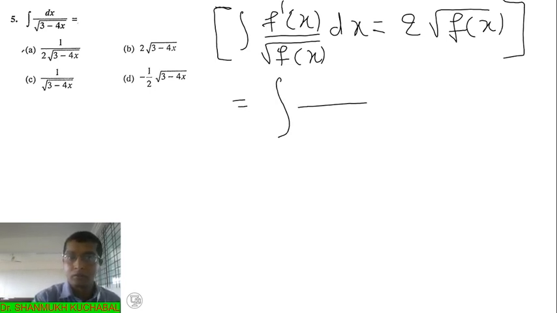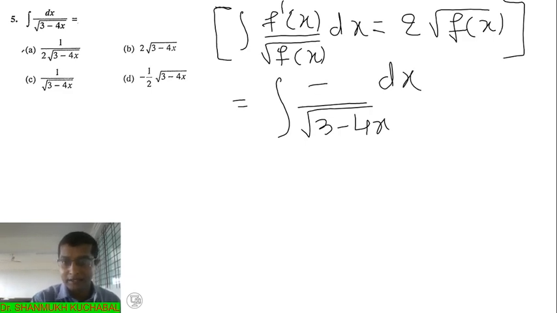Further, the integration of root of 3 minus 4x dx. The differentiation of 3 is 0, minus 4 as it is, and the differentiation of x is 1. In the previous example it was 1, but here it is minus 4.